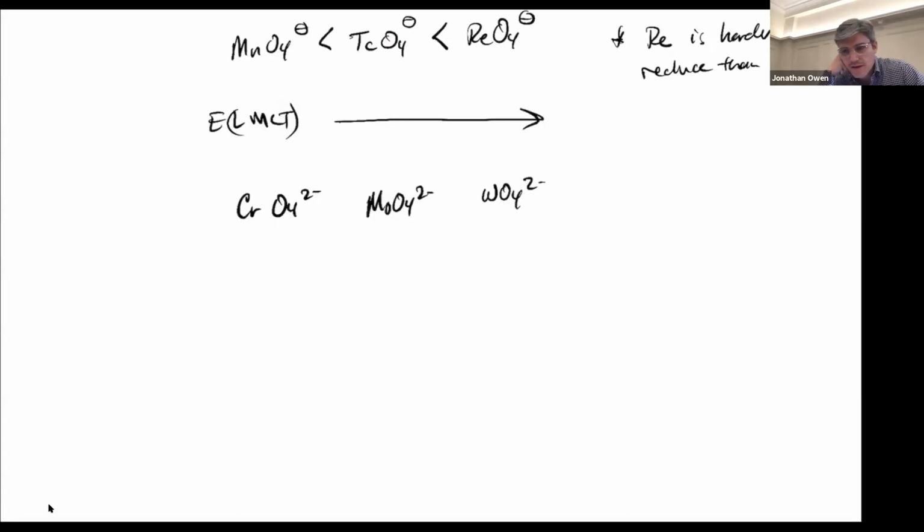Where are those in the periodic table? Yi Chung points out, same trend. Chromium, molybdenum, tungsten are on top of one another.